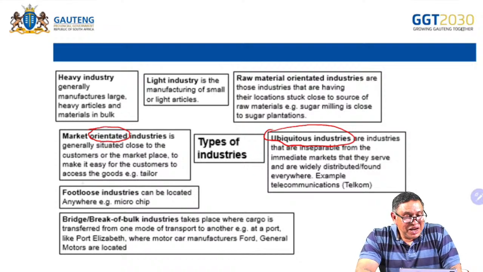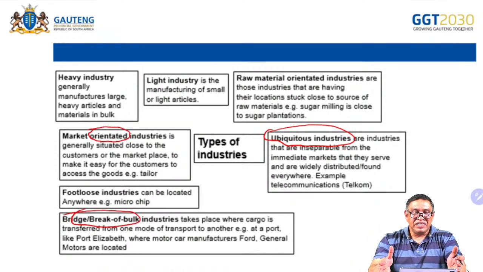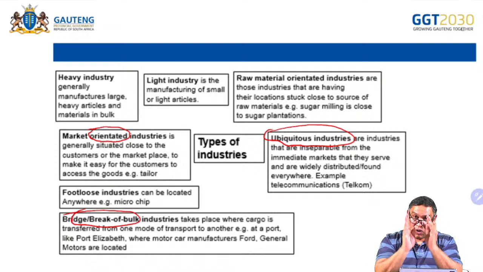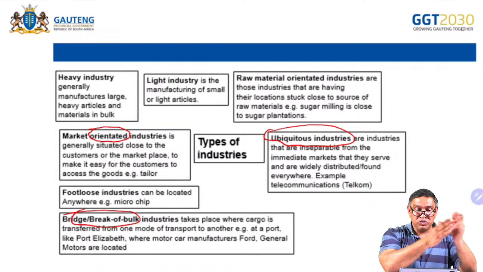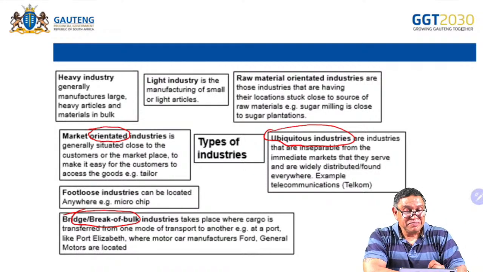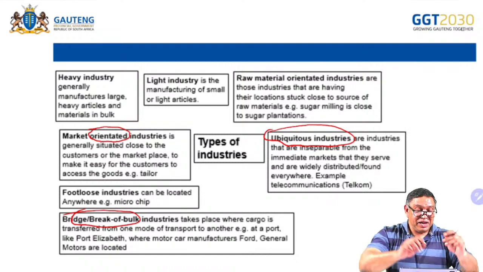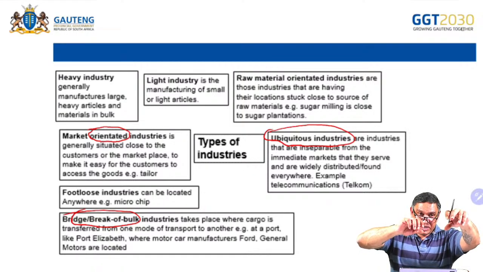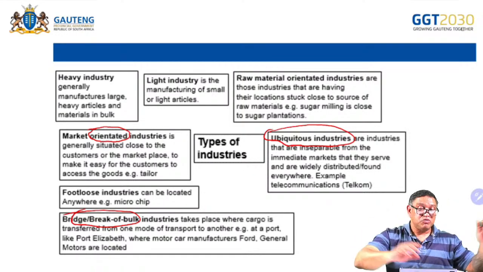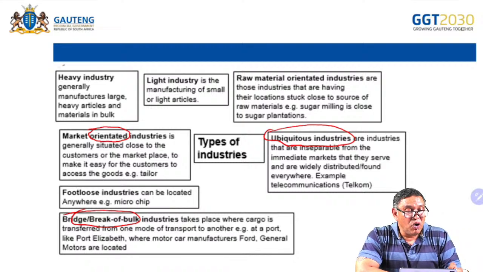Now, let's take break of bulk, industries that take place between one mode of transport and the next. Then, where it breaks off from the harbor, Durban, it comes by ship, it goes by train. You know heavy industry already, none of you had a problem with that, those polluted and light.